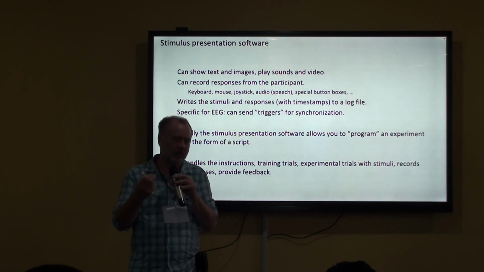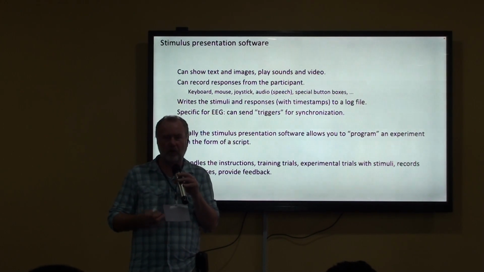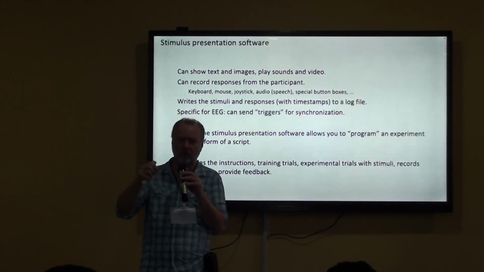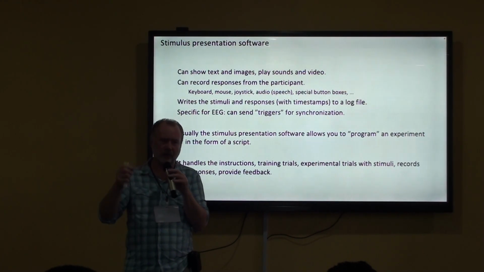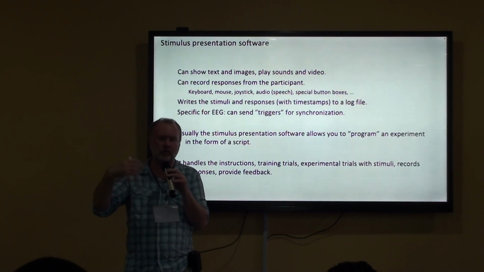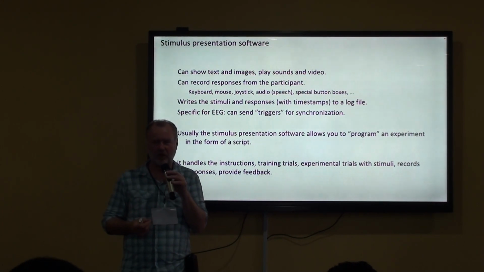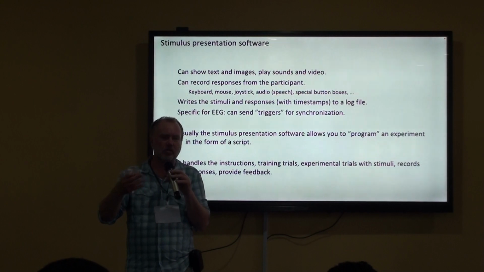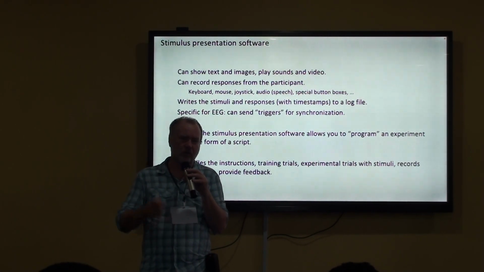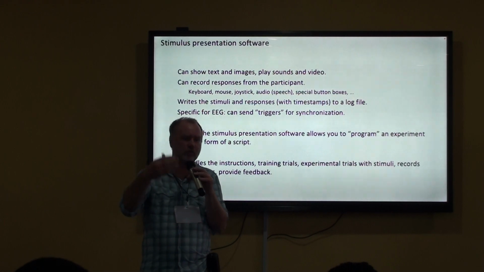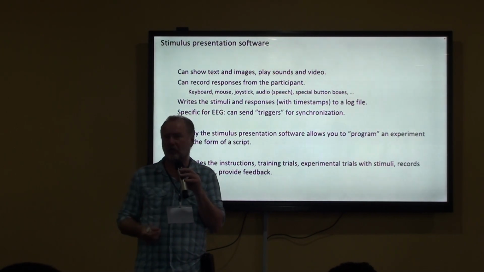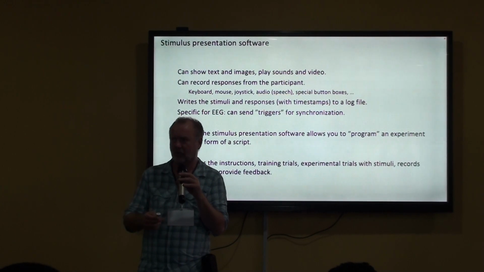So the stimulus presentation software is often used to analyze the behavior in real time, and to use that analysis to provide feedback to the participant. Not only to speed the participant up, but also to tell the participant that they're doing well. So you, for example, say, that was a correct response. This is an incorrect response. Those are the things that we do in stimulus presentation software.